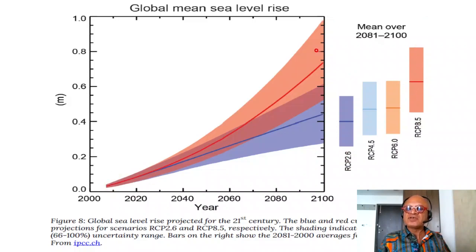RCP 8.5, so there is a range based on multiple models and uncertainties. RCP 2.6 would give us a global mean sea level rise of about 40 centimeters, with respect to the baseline as well.